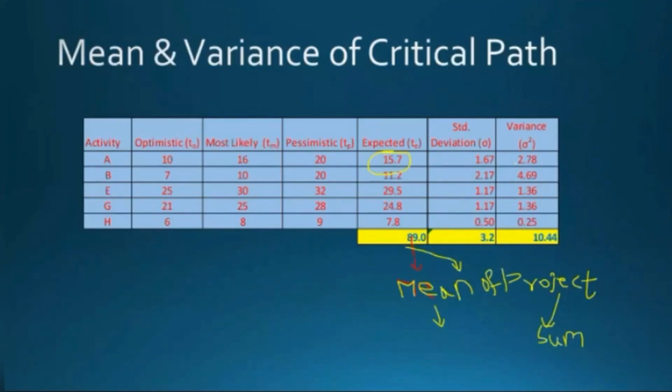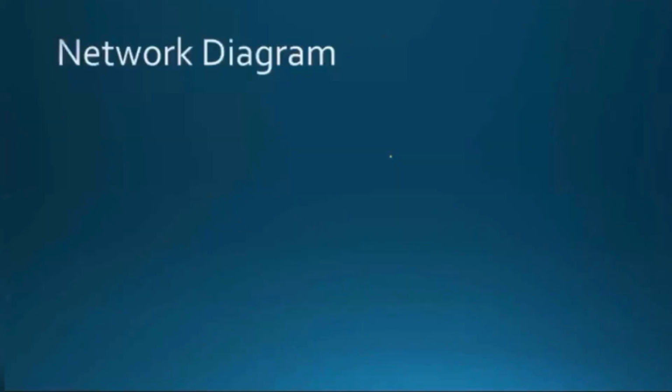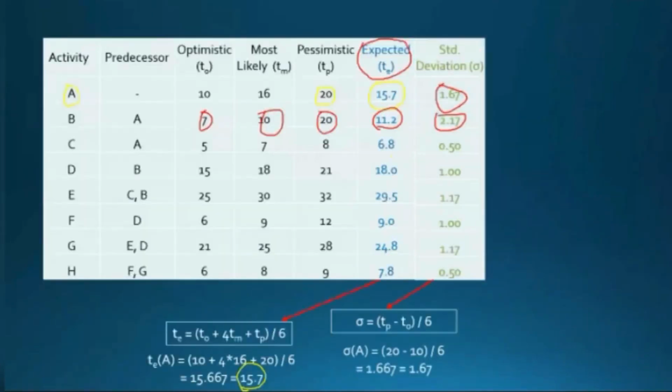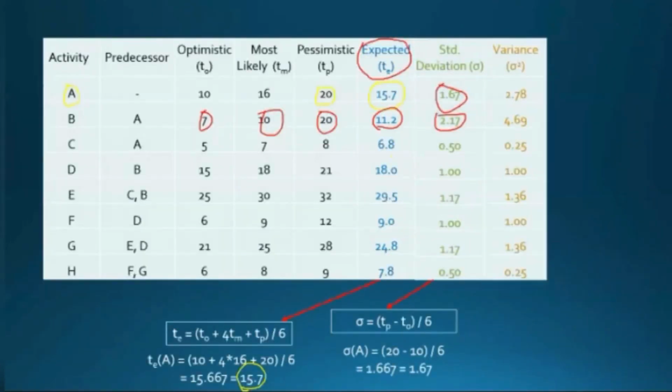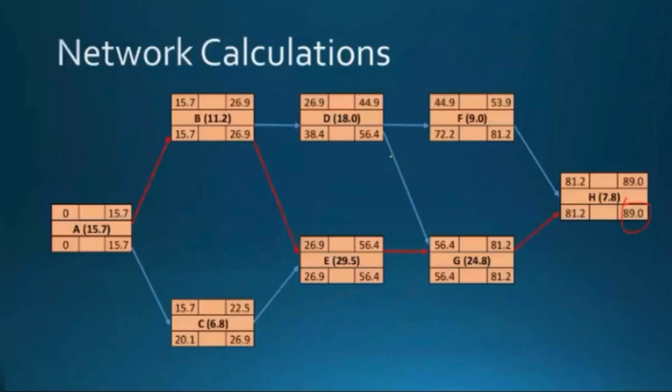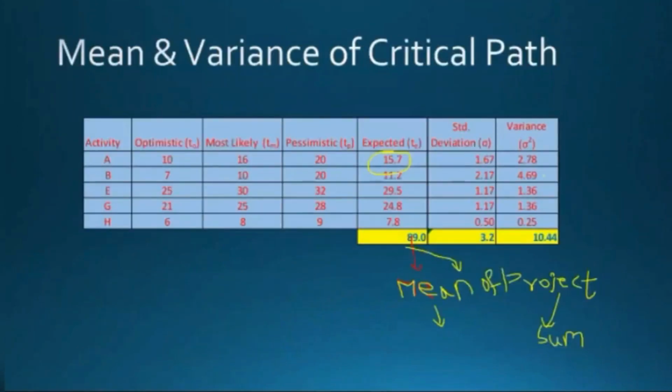Now we consider only the critical activities, which are A, B, E, G, H. The variance values are 2.78, 4.69, 1.36, 1.36, 0.25. For the project's variance, we add the individual variances of the activities. You add this and you get 10.44.